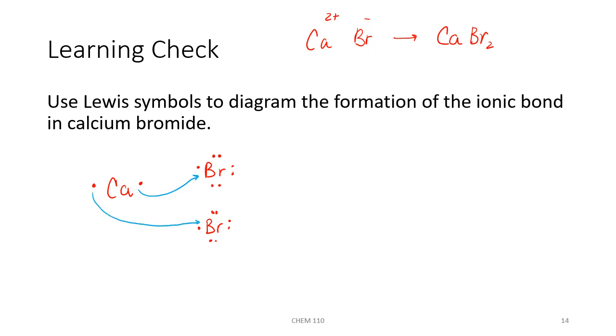So what we're going to get for our products is one calcium 2+ ion that forms from the loss of its 2 electrons from the valence shell. And we're going to form 2 bromide anions. Each one will have a -1 charge. This represents our ionic bond between calcium and bromine.